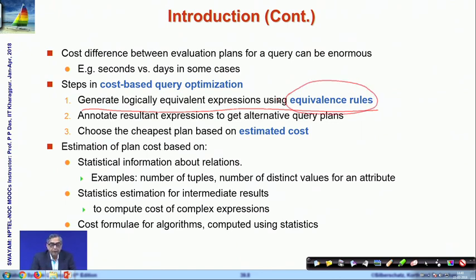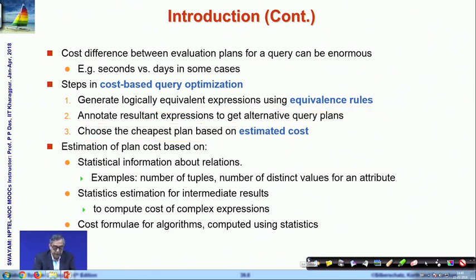So, any one of these equivalent query expressions can actually be executed, and with the resultant expressions we annotate to get different query plans, evaluation plans, and then we put cost estimates based on the cost structure we had used in the earlier module, and from these alternate evaluation plans we will choose the one that has the least estimated cost.